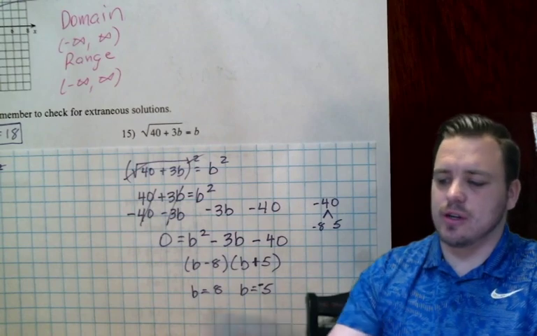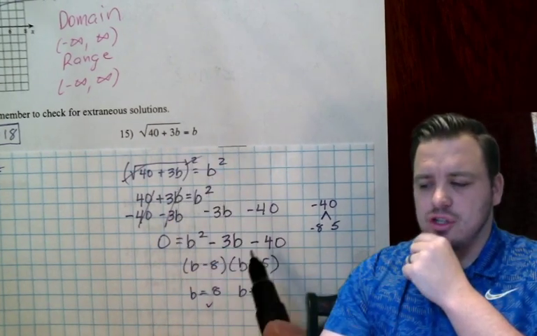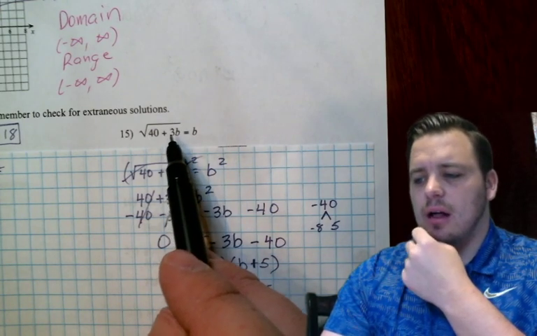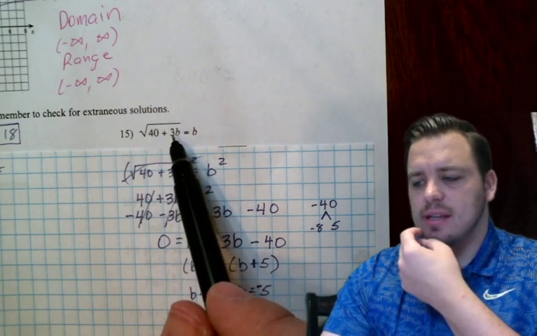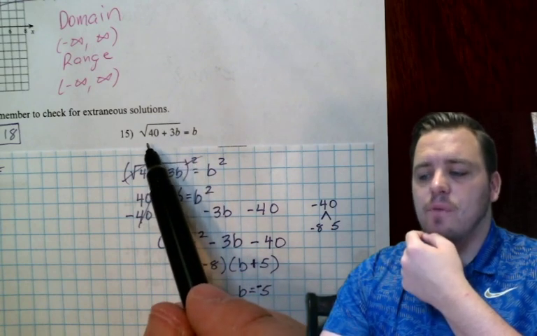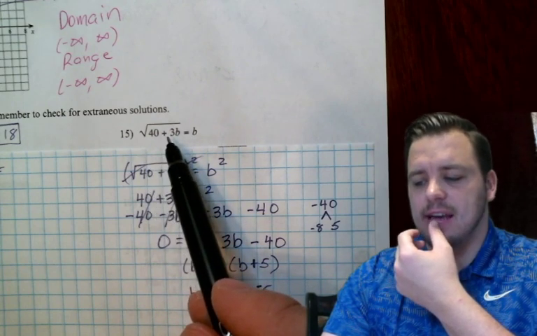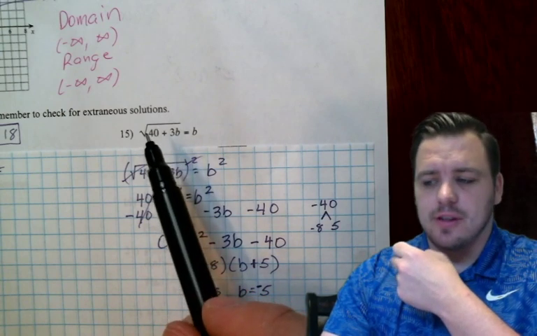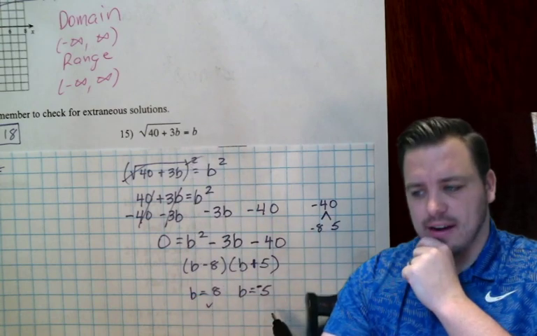So this one's good. You plug in negative 5. This should raise some question with it being negative. 3 times negative 5 is negative 15. 40 minus 15 is positive 25, and the square root of 25 is not equal to negative 5.